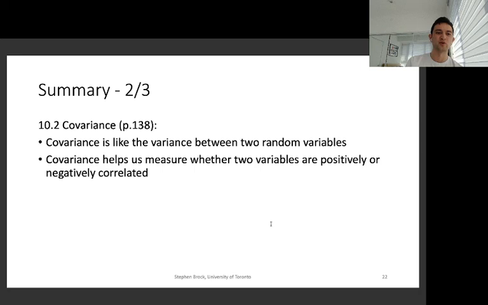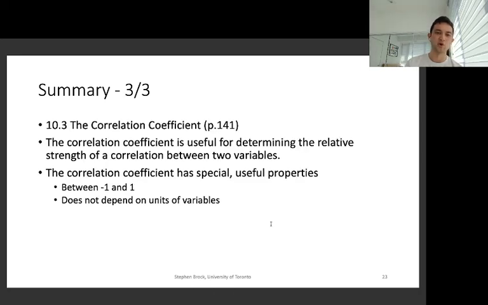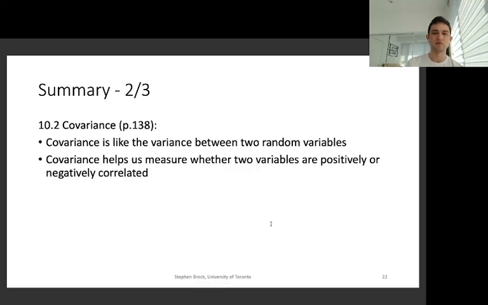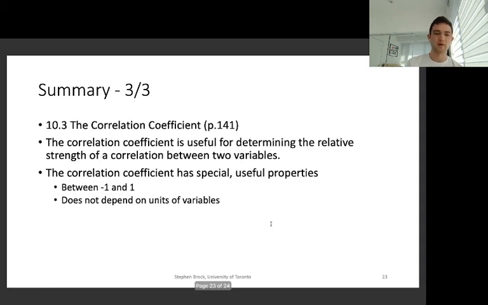And that takes us to section 3, which is the correlation coefficient. So the correlation coefficient is very useful for determining the relative strength of a correlation between two variables. And it's powerful because it does not depend on the units of these variables. So when we calculate the covariance between two variables, we could get any value from negative infinity to positive infinity, depending on the units of the variable. But when we're calculating the correlation coefficient, the value has to be between -1 and 1.